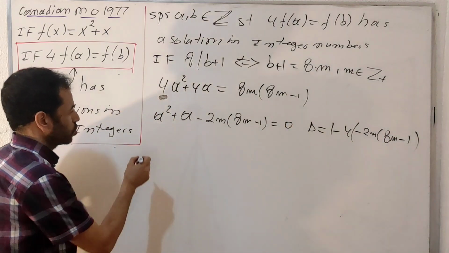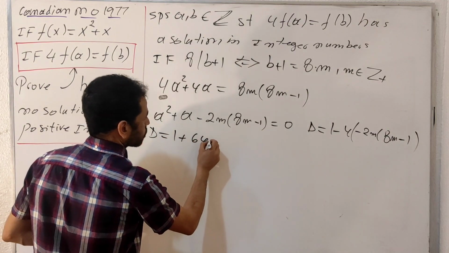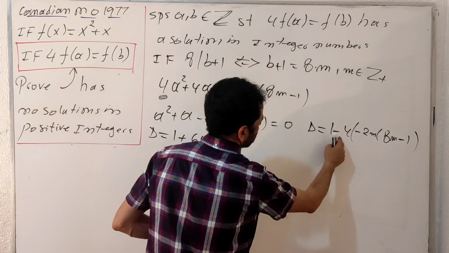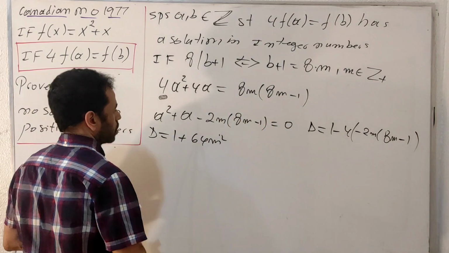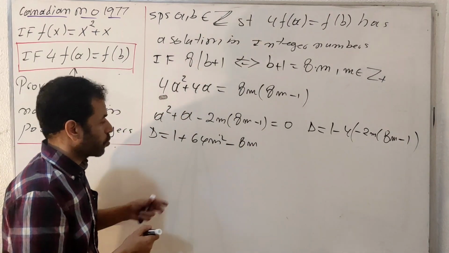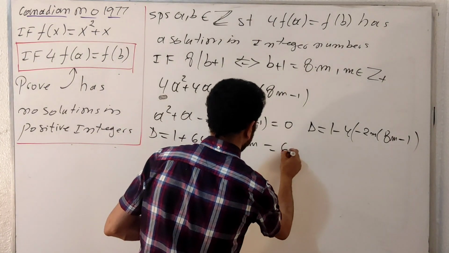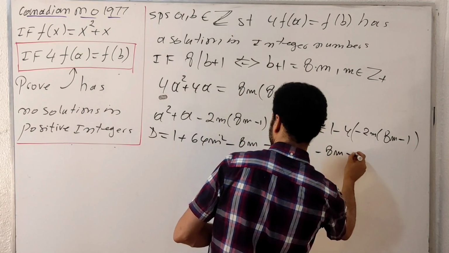By distributing, I will have delta equals 1 plus 64m squared minus 8m, minus this one, which is minus 8m. By rearranging these terms, I get 64m squared minus 8m plus 1.